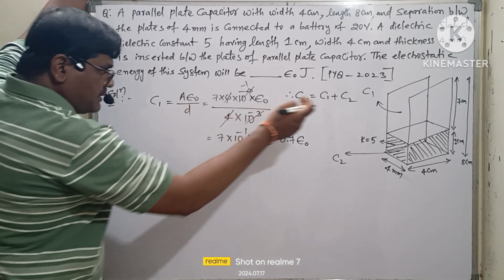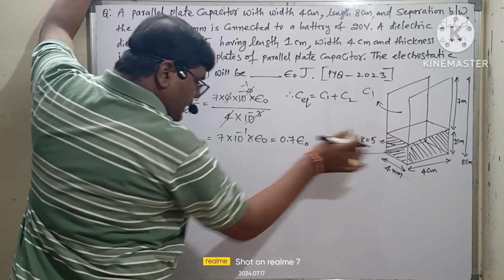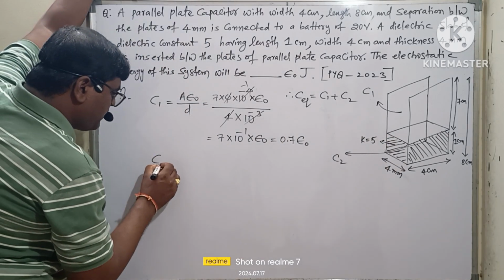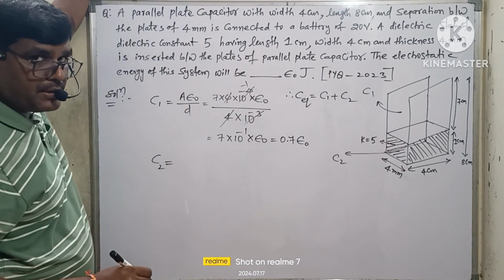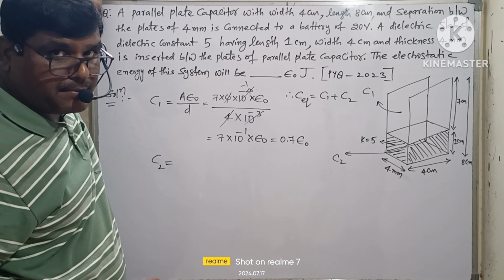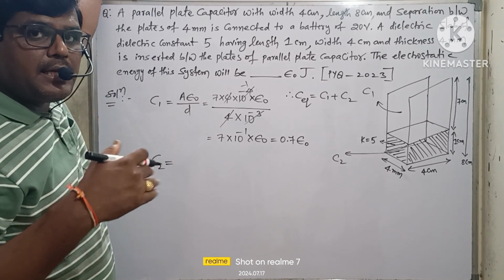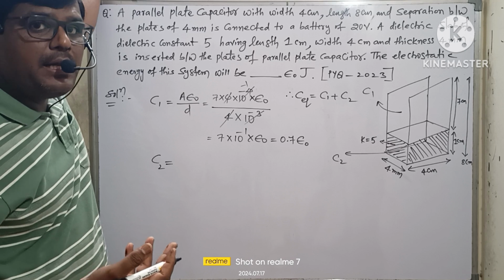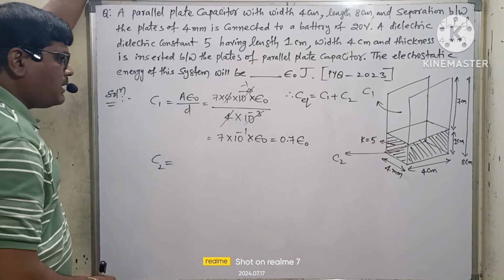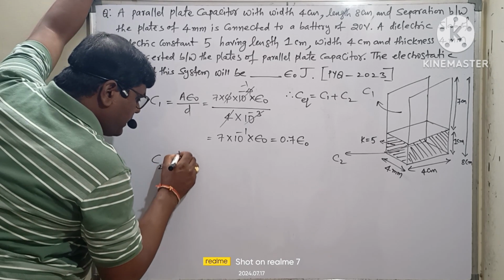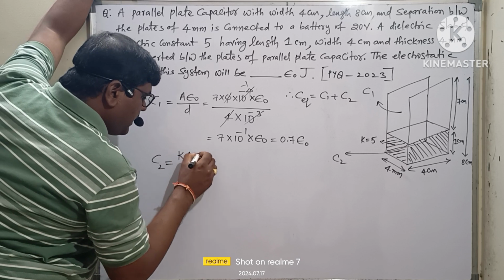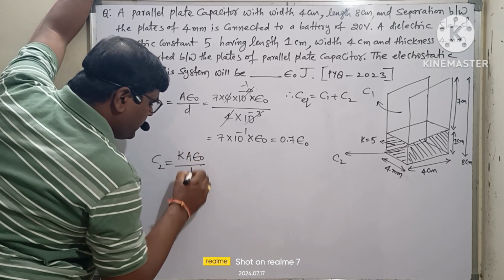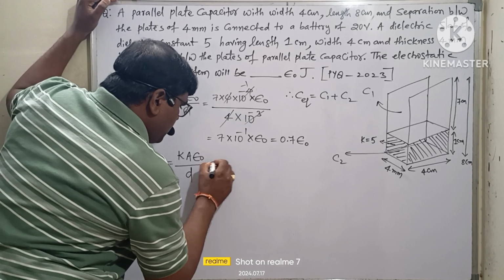Next, what you have to find is C2, which means with dielectric. We already know that with a dielectric, the capacitance of a parallel plate capacitor is K A epsilon naught by d.